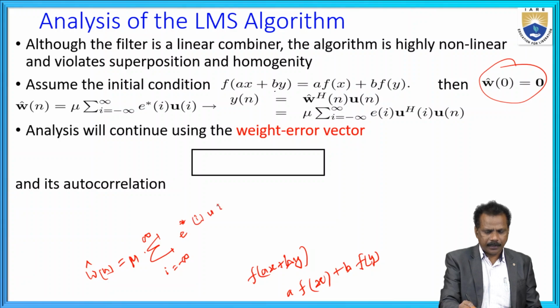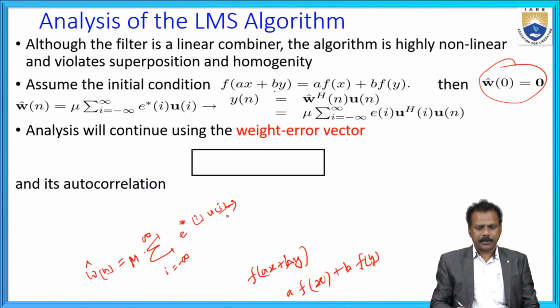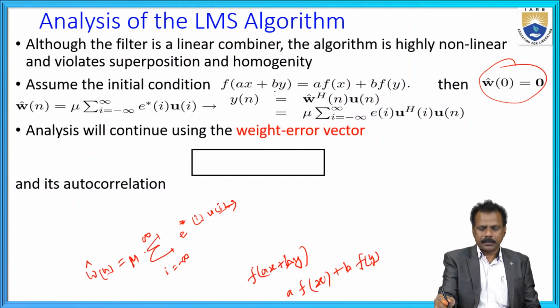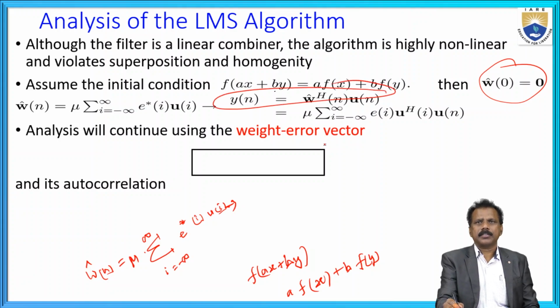And to analyze the output response, y of n is equal to mu times the summation, i from minus infinity to plus infinity, of e of i, u of h of i, u of n.